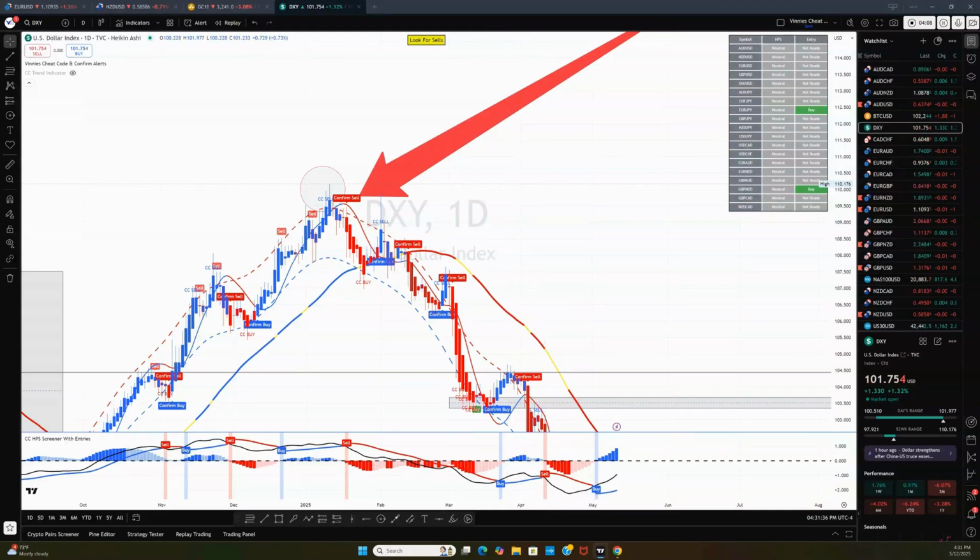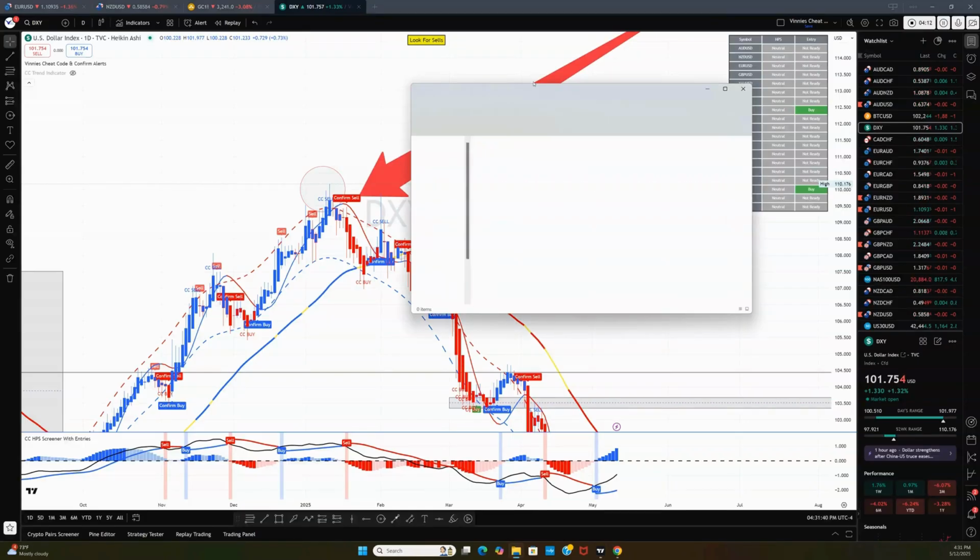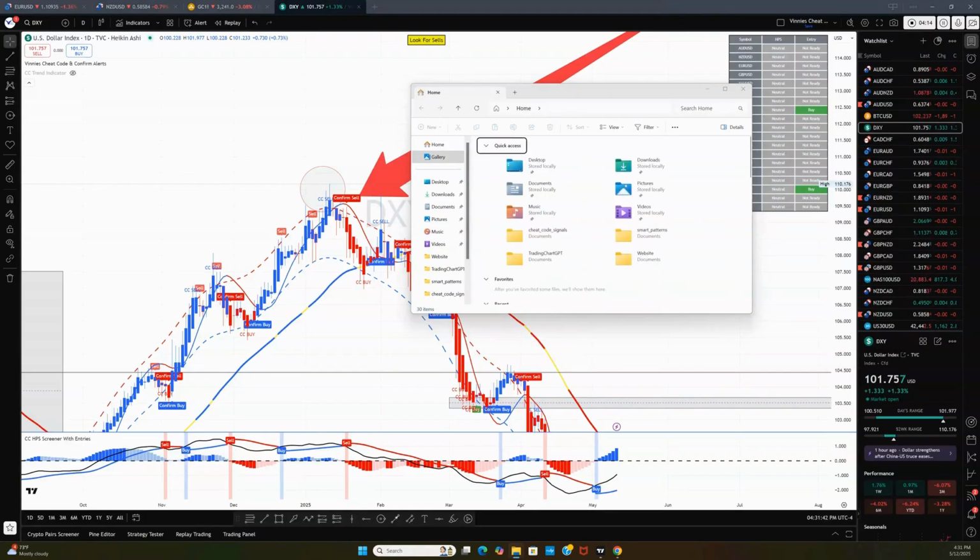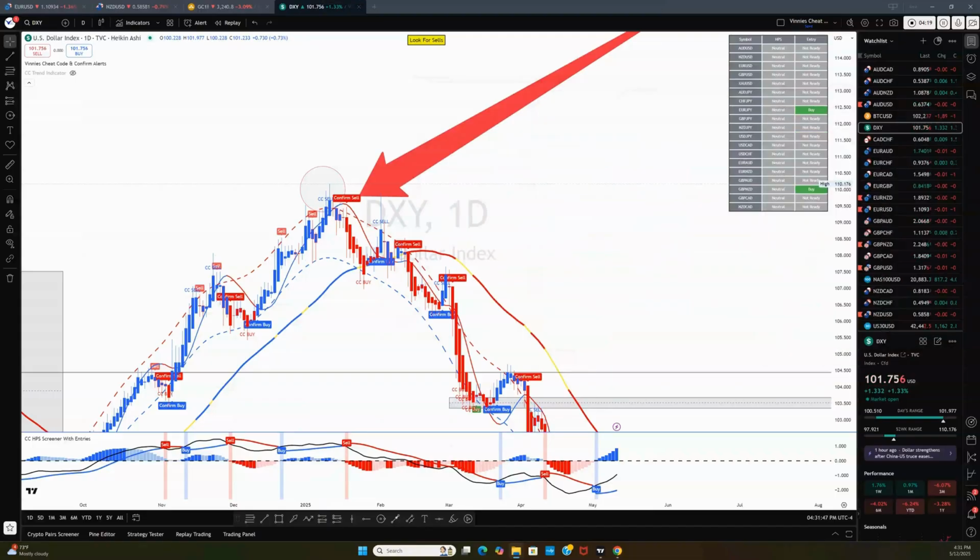It makes it where you don't have to think about all the other processes when it comes to finding trades in the market. No longer will you have to try to find an entry. The system is going to tell you exactly when to enter into the market.